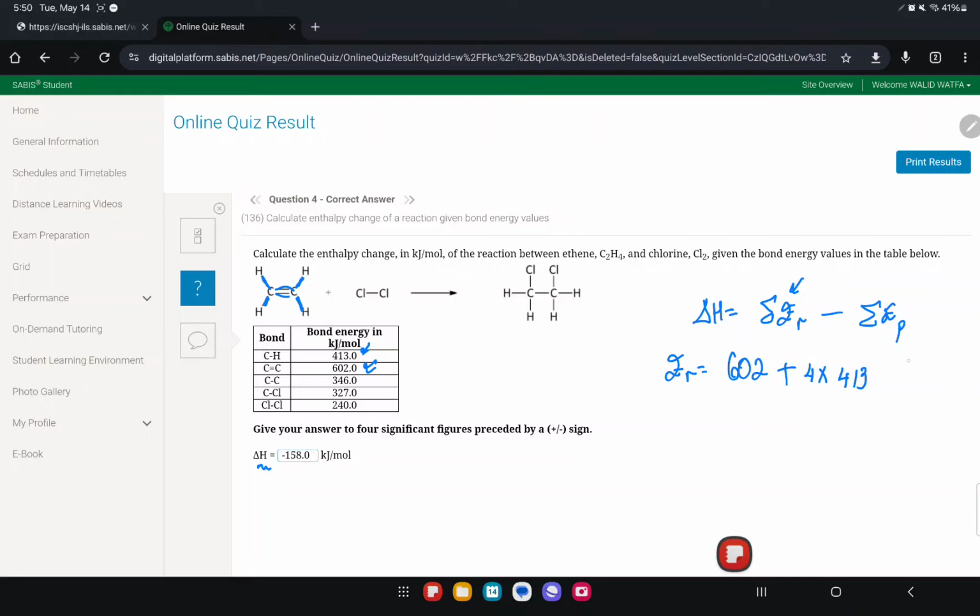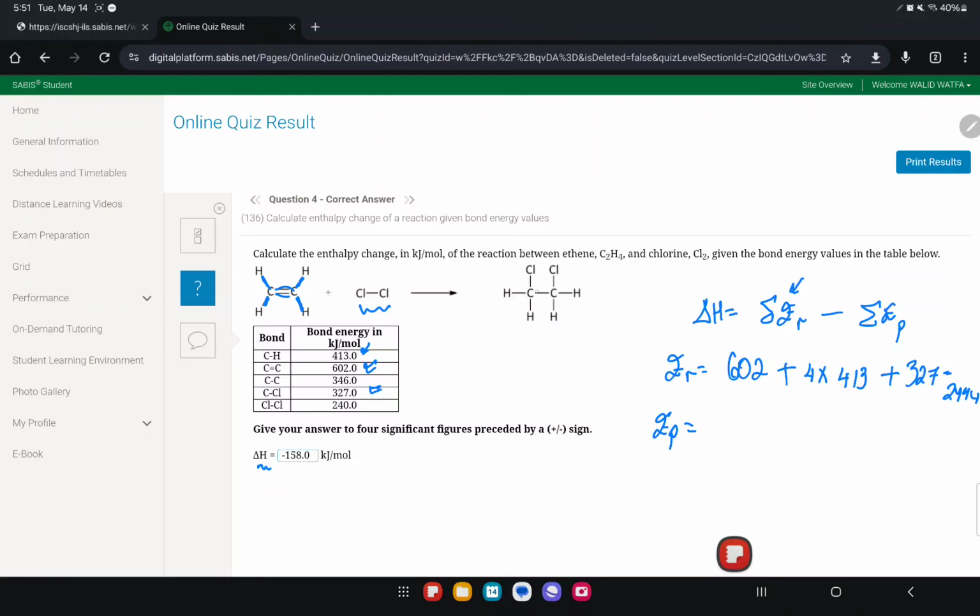I don't have a calculator beside... actually no, I do. Let me use the calculator. Sorry, and I also forgot to add this CCl bond, which is 327. So add 327 and you get for the reactants 2494.